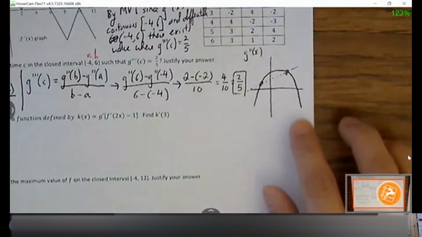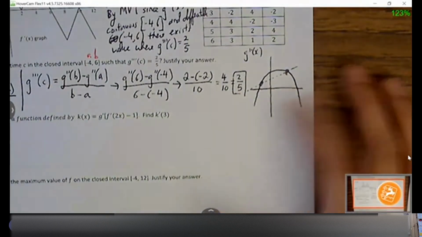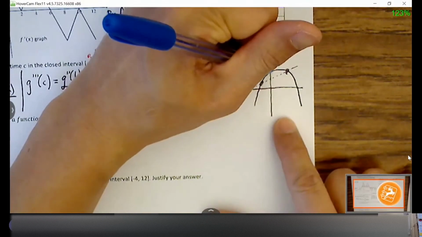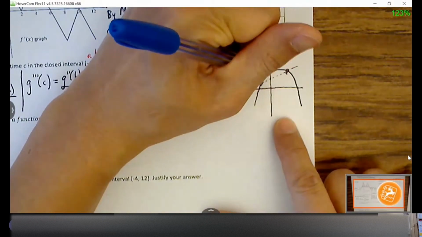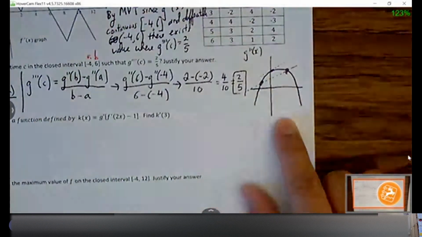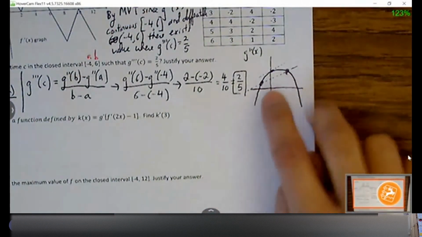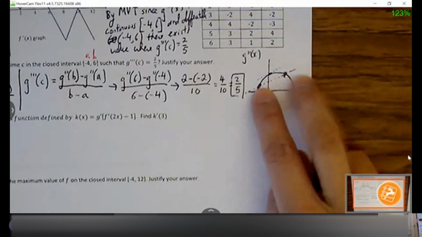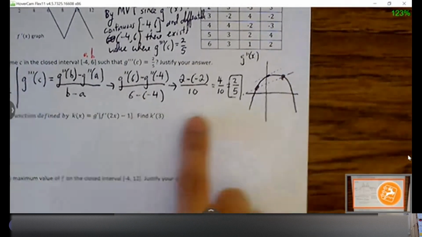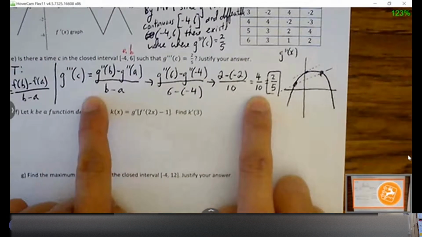So therefore, there must be a slope on this G double prime graph that also matches that exact slope. So because the slope between these two endpoints is 2/5, there must be an instantaneous slope that's 2/5. So that's what we're able to guarantee with mean value theorem.